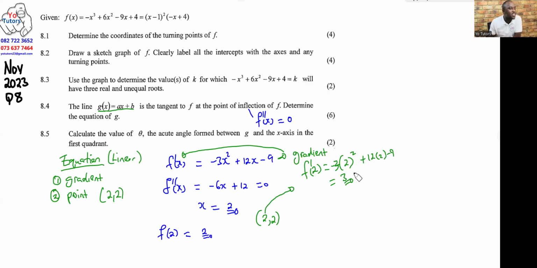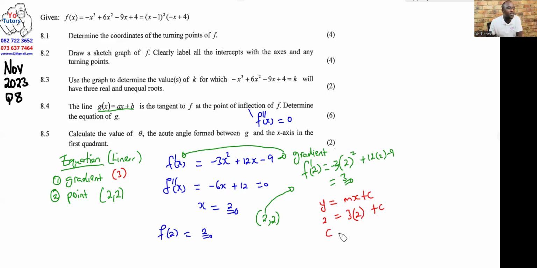Now, let's see what we have. We can now use this point and the gradient, which we got as 3. So we use our equation, y equals mx plus c. In this case, we are looking for c. Our y is 2, our gradient is 3, and we also get plus c.